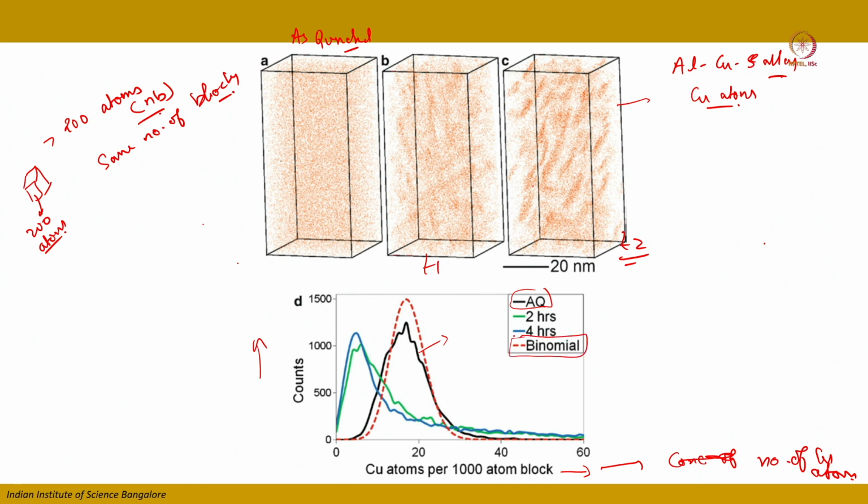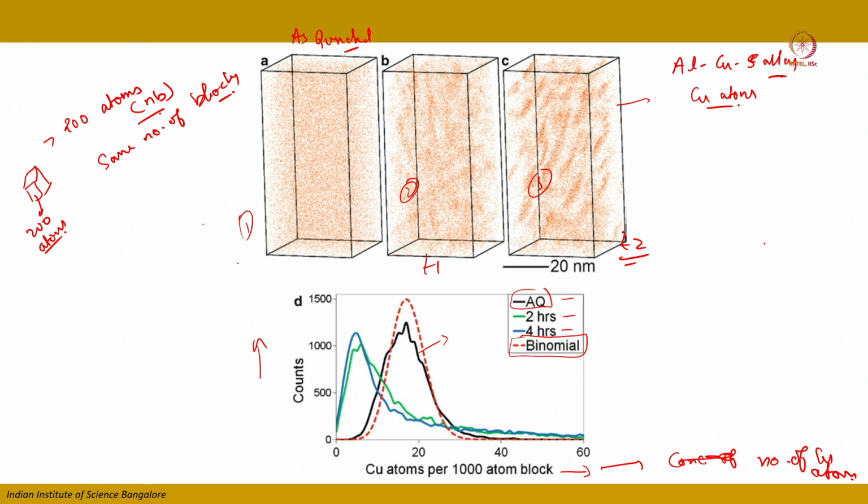The binomial distribution, as I told you, is nothing but the random distribution of copper atoms in the data set. This dashed line is the binomial distribution, and there are data set 1, data set 2, data set 3, and for all 3 data sets these frequency distributions have been plotted. The black corresponds to as quenched, the solid solution state that has been quenched.